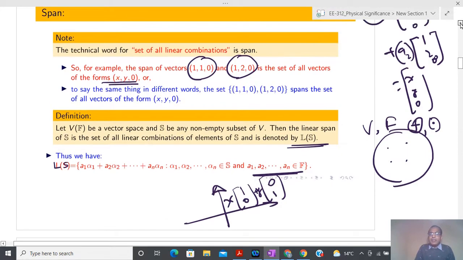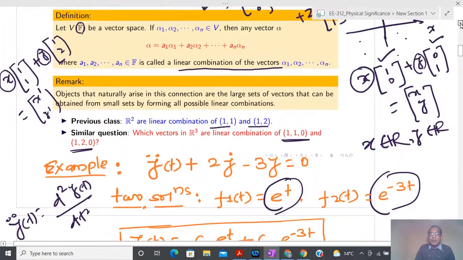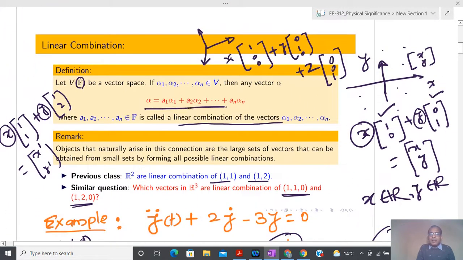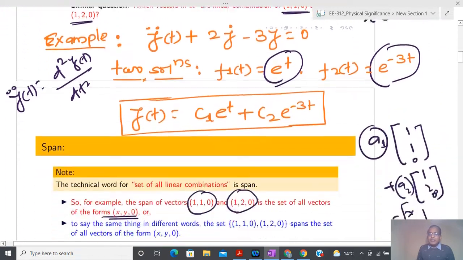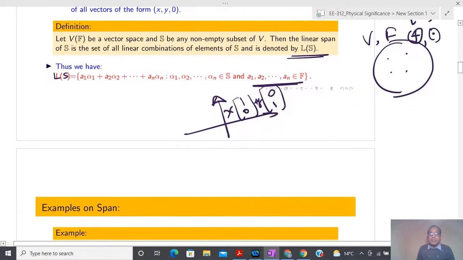So we are defining linear combination like that. Now if I define this kind of linear combination, and change a1, a2 and an, then what kind of space can I cover? That is nothing but the span.